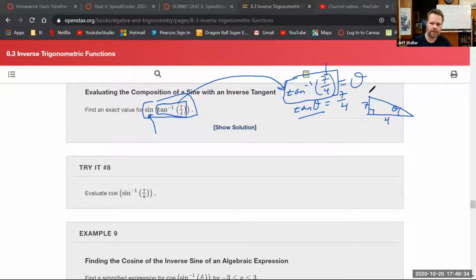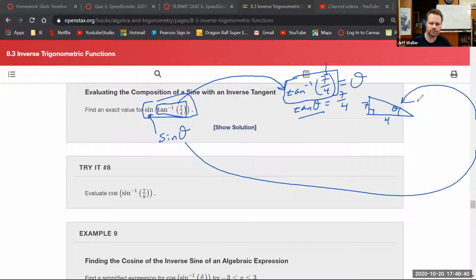Of course, what side do I still need? This just becomes sine theta, where theta lives in this triangle. That's all that question becomes. So what do I need? I need this side. So it'll be 49 plus 16. Is that 65, right?